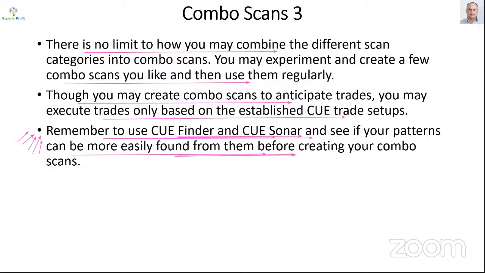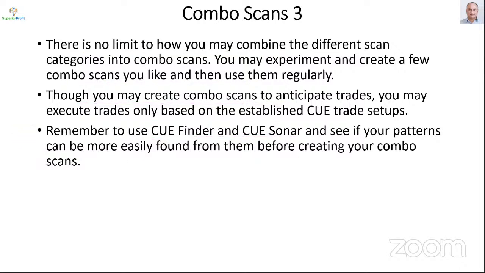But if you are like me, comfortable with all kinds of trade setups, then you may use Finder Sonar more and use combos sometimes. It depends on your trading style, which one you use more. But over time, you will probably come to like some combos and run them regularly.